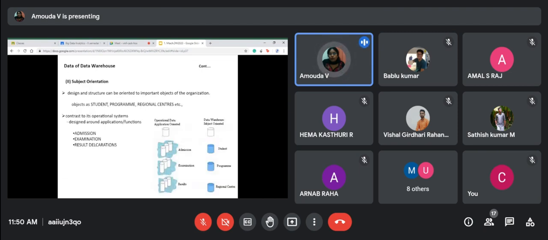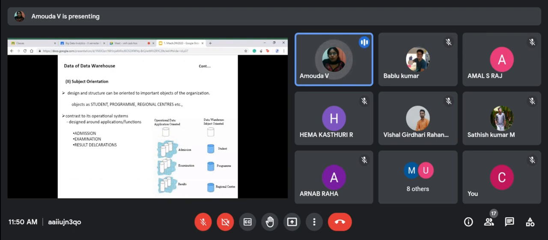Once the integration is done, we have to look for the subject orientation. It is not a day-to-day operation that you are looking for. You are looking for a timestamp, and the number of years you have to mention.